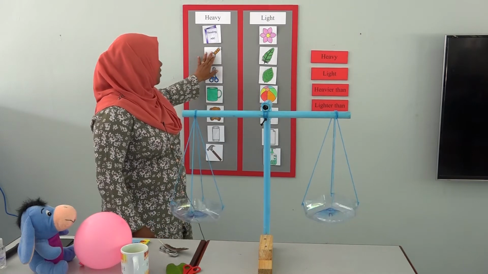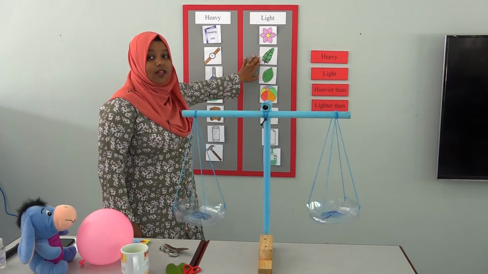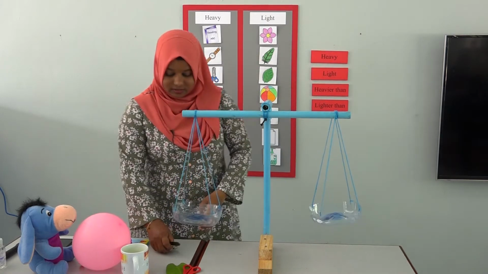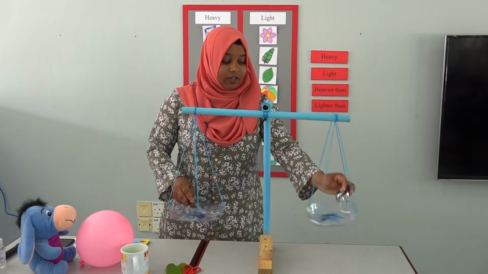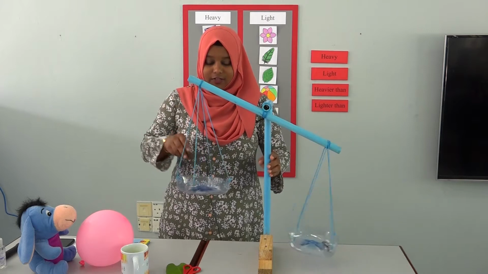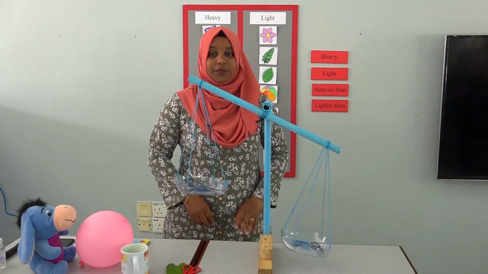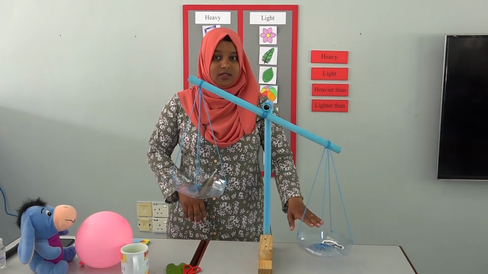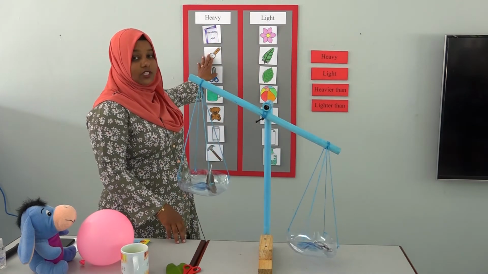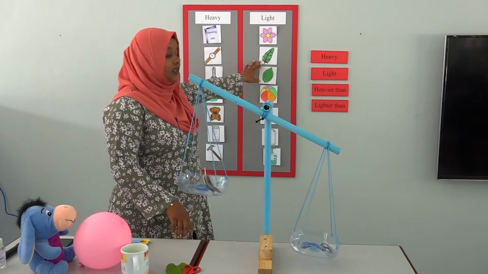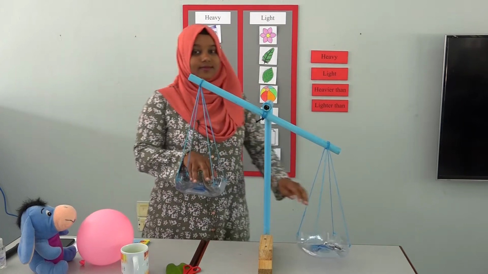The second one is the watch and the feather. We are going to put the watch and the feather in the balancer and see which one is heavier. Yes, it's the watch which is heavier than the feather.